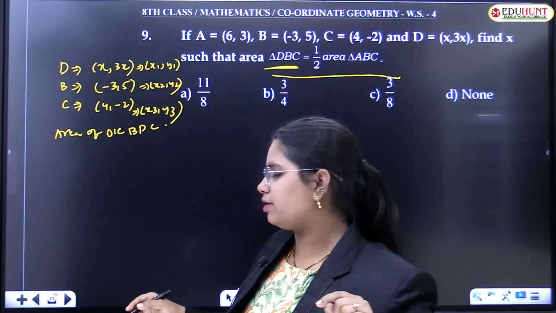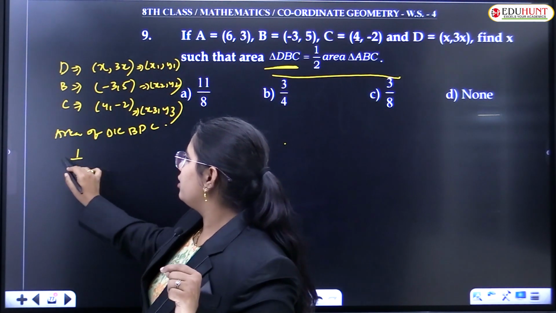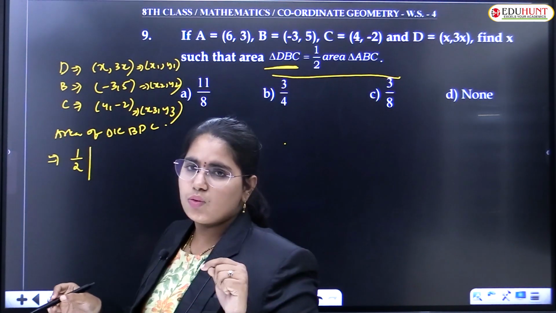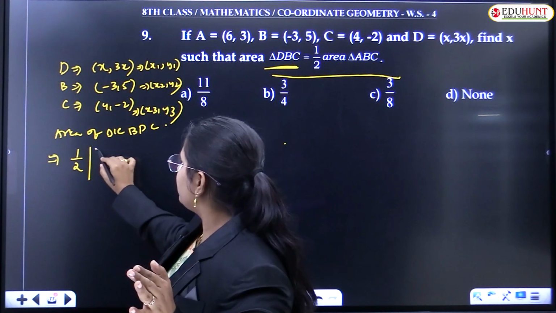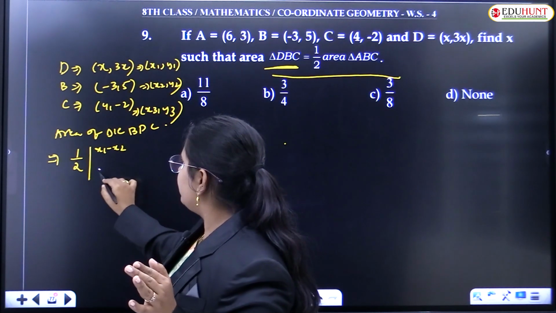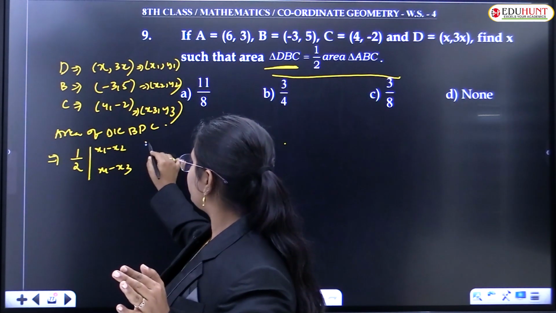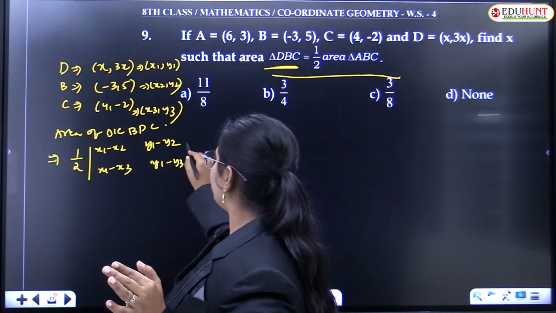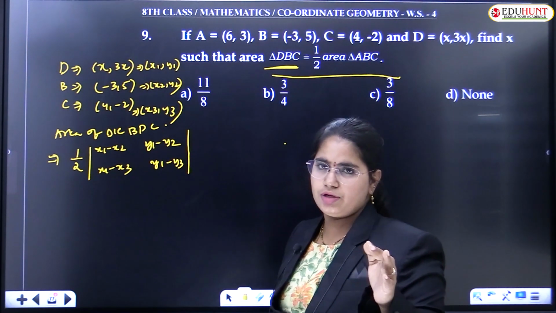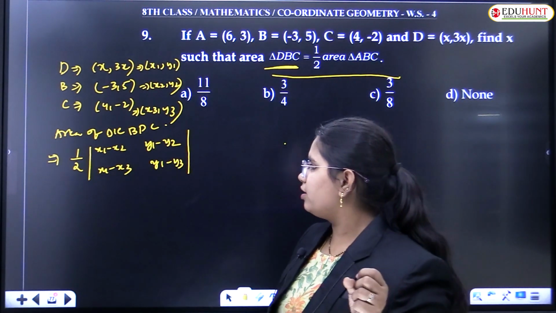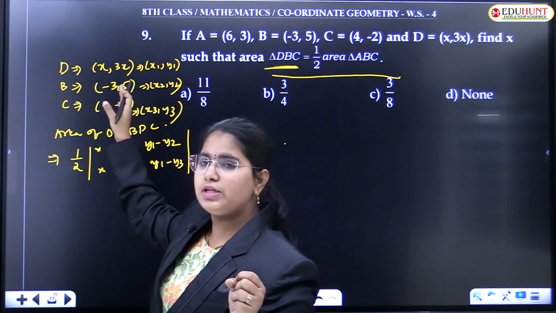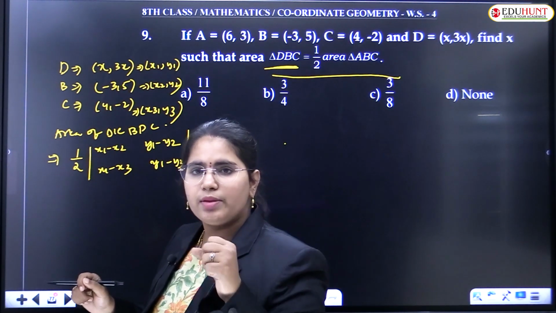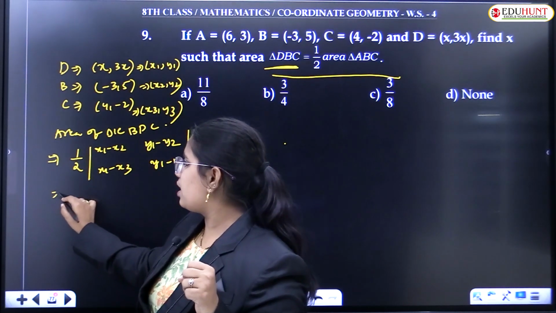DBC or BDC. So let me take the area of the triangle as half modulus of, what is the formula? x1 minus x2 and x1 minus x3, y1 minus y2, y1 minus y3. This is my area of triangle formula, right? So I will substitute all my values in order to find the area of triangle DBC, right? Chalo. So half.